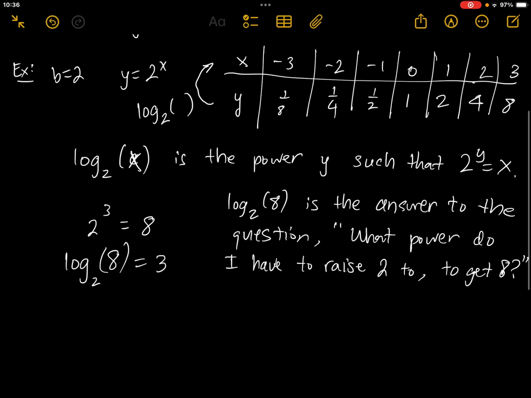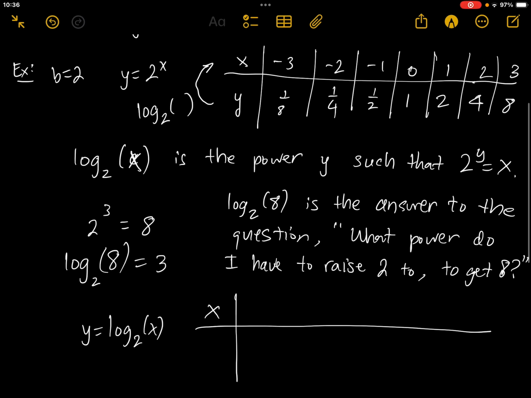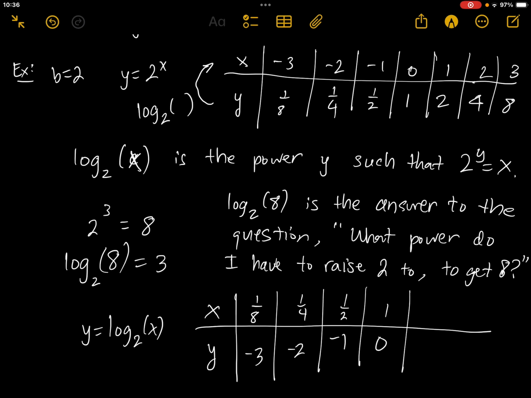So let's make a table for the function y equals log sub 2 of x. So if x is 1/8, then log sub 2 of 1/8 is -3, and so on. You see what's going on?